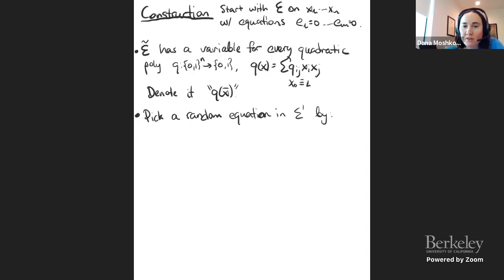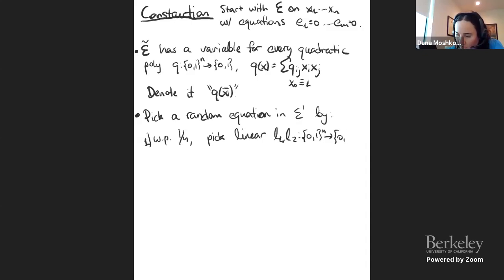So I'm actually going to have four types of equations. And the first type, with probability a quarter, I do the following. I'm going to pick linear L1 and L2 from {0,1}^n to {0,1}, and I'm going to check the linear polynomials.